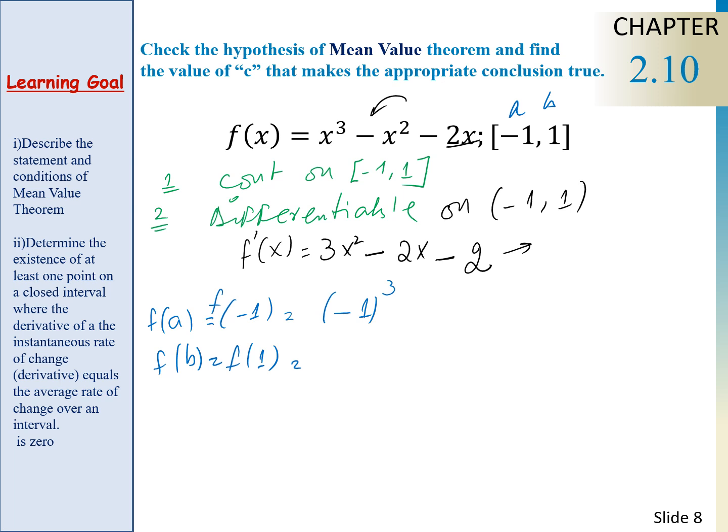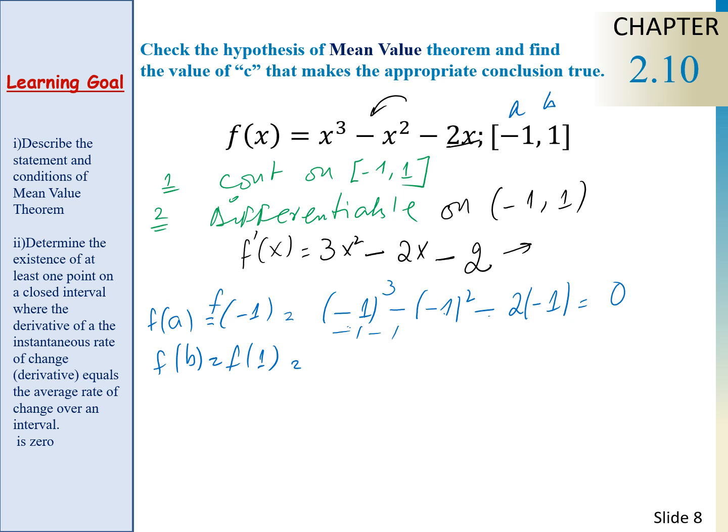So you will get (-1) whole cube, minus (-1) whole square, minus 2 times -1. So (-1) cube gives us -1. Here it is 1, so minus 1 is -1 again. And -1 and -1 give us -2. And here it will be +2. So the answer will be 0.